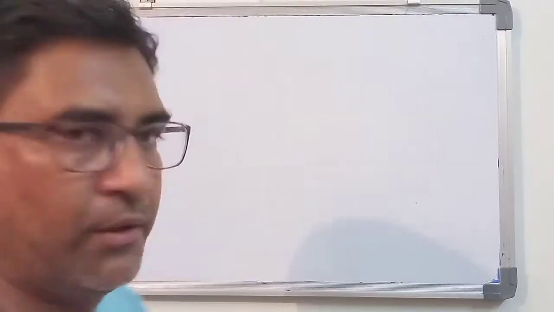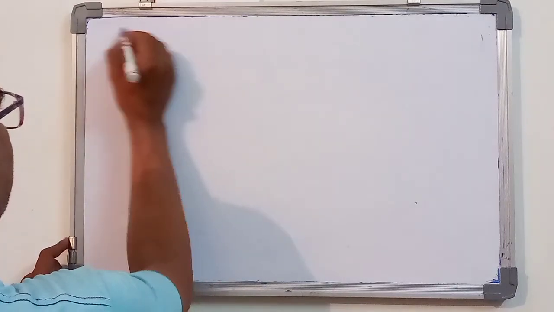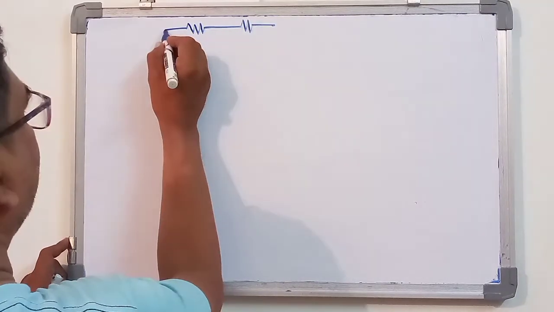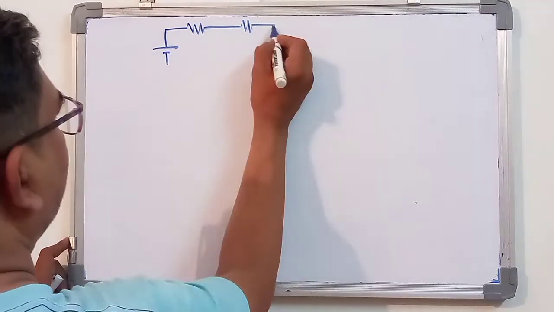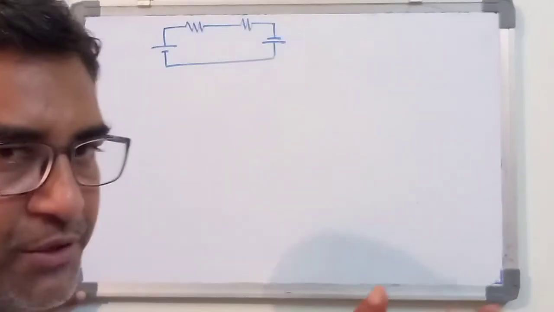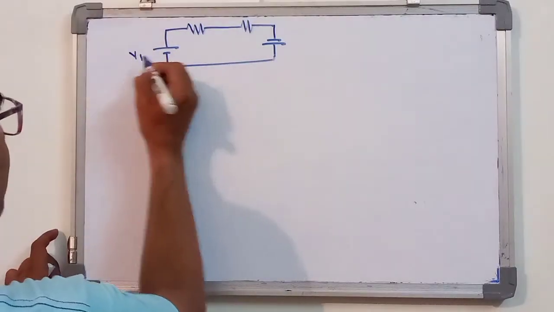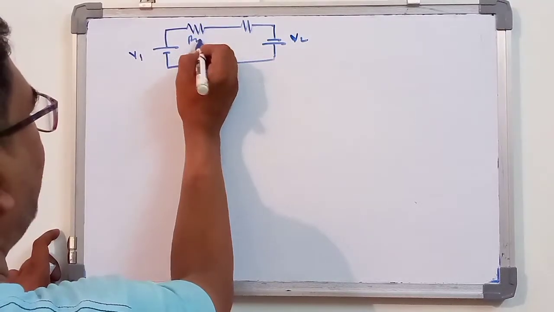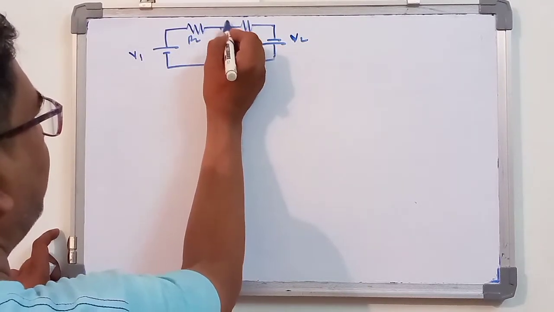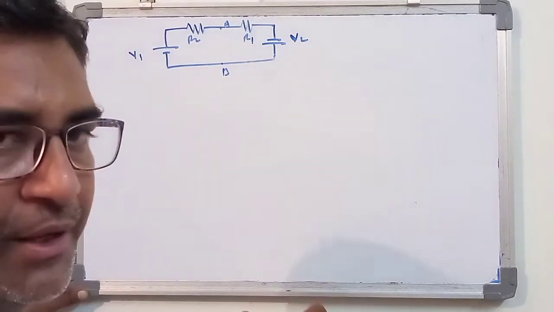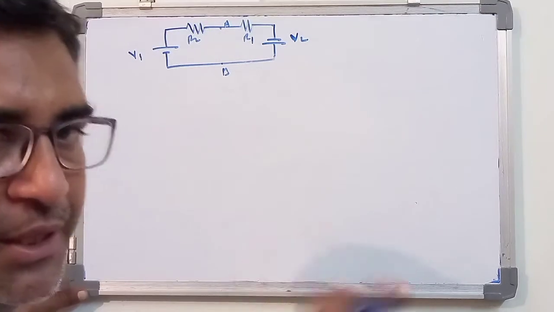Okay, consider the second problem. The problem is like this. Again the two voltage sources, V1 and V2, are given to you. This is the resistor R2, it is the resistor R1, it is terminal A and the B. We have to find out the voltage across A and B by using the superposition theorem.